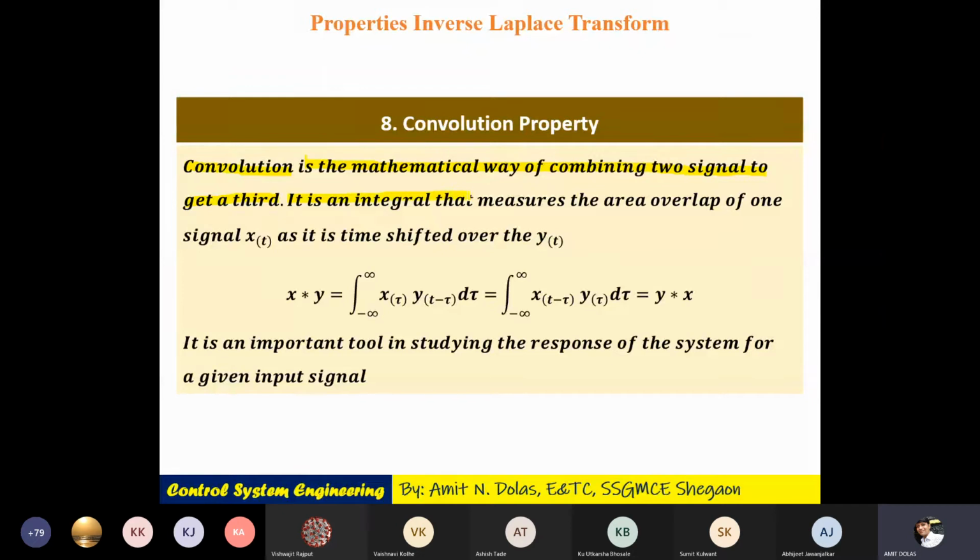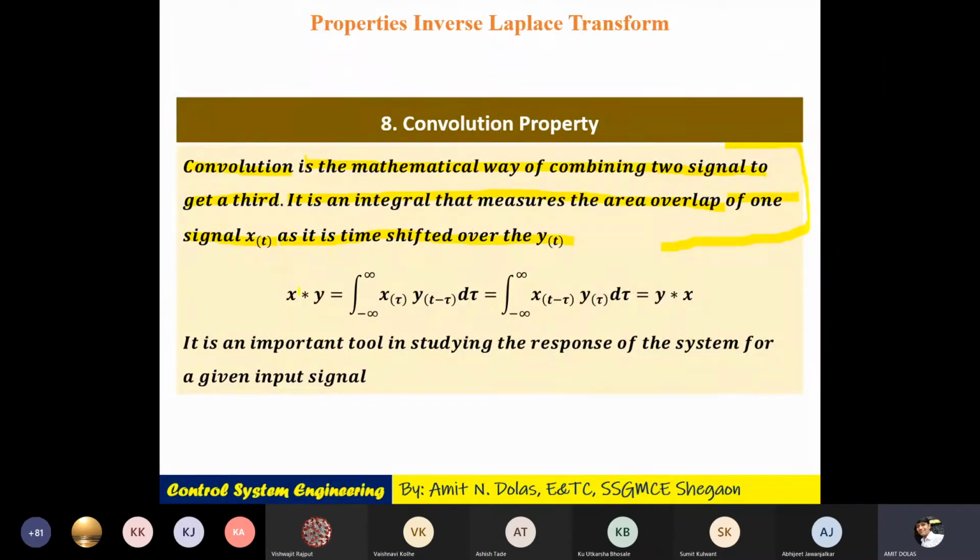It is an integral that measures the area overlap of one signal x of t as it is time shifted over y of t. Simply, whenever we perform convolution, it provides you the area overlap of two signals. Two signals are running over each other, and whatever the area overlap between them will be the convolution.